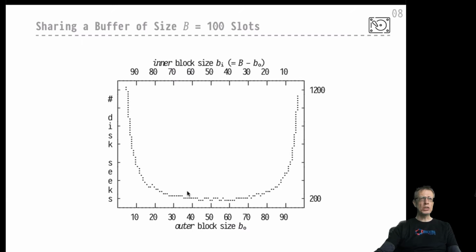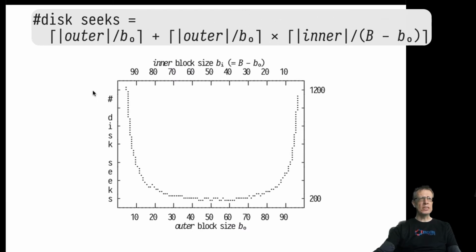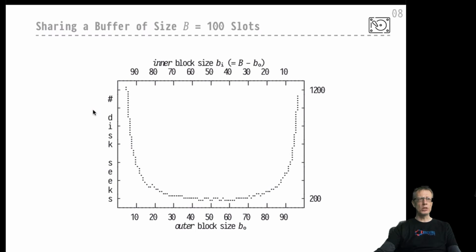This is a computation of the number of disk seeks that we have to perform. So that would be the unit that you will find here on the y-axis of this two-dimensional plot. This is the number of disk seeks that we would need to perform, given that we assign this many blocks, or maybe the percent of space, or whatever have you, a unit of space inside our database buffer to the outer participating table.